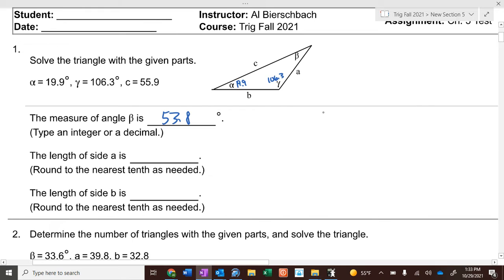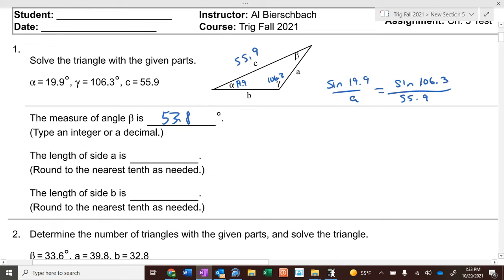Okay, and then the length of side A is just law of sines. The sine of 19.9 over A equals the sine of, because we know C is 55.9, the sine of 106.3 over 55.9.